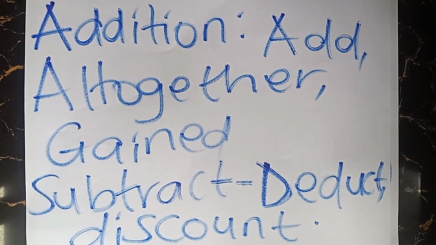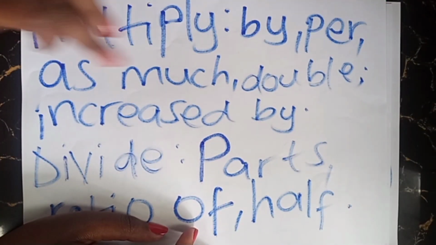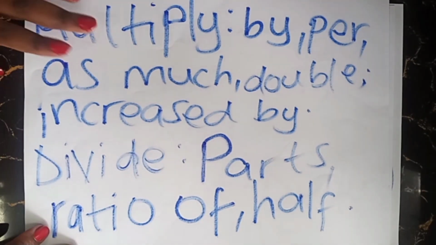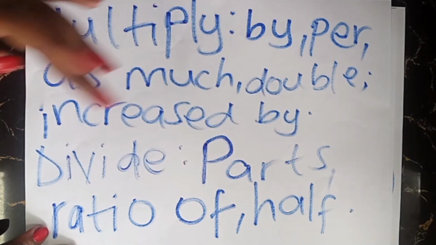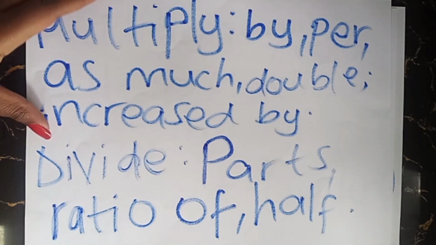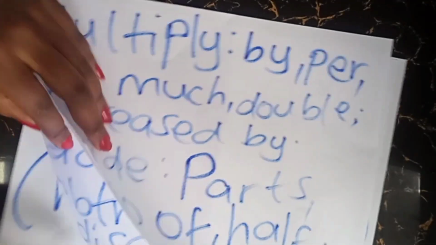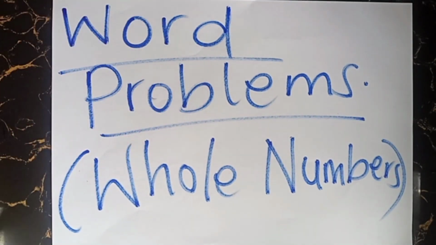If a question wants you to multiply, you'll see words like by, per, as much, double, increased by. And if a question wants you to divide, you will see things like parts, ratio of, or half. Those are some of the keywords that can help you answer questions on word problems.